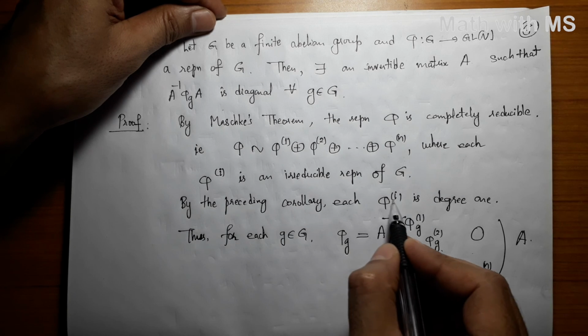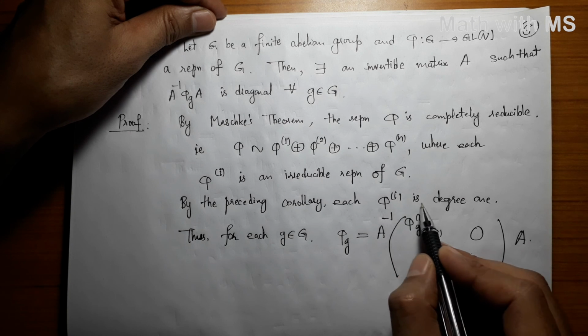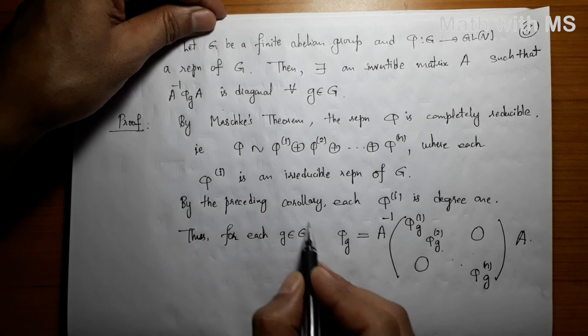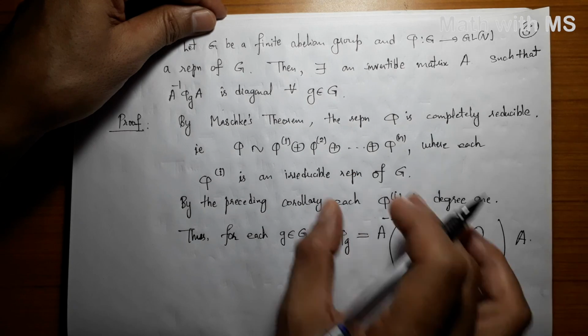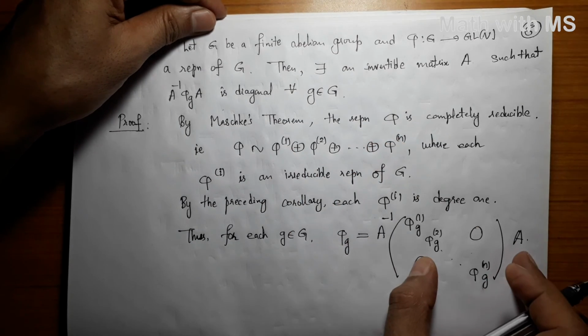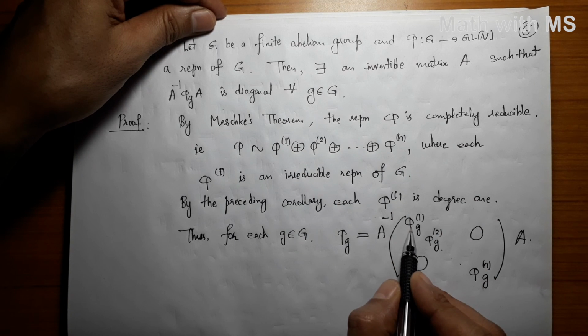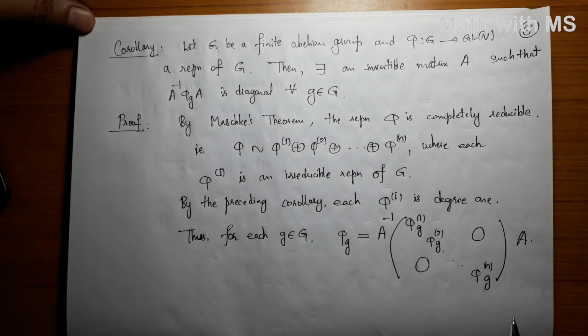That is, each of these phi i is actually degree 1. Phi i of little g is just a complex number. So therefore, for each g in G, phi sub g is A inverse times the matrix of the right hand side times A. But the matrix of this is just a block matrix, and each block is just of size 1 by 1. So phi g is actually equivalent to a diagonal matrix. This proves the corollary.